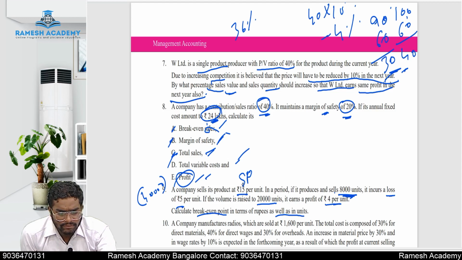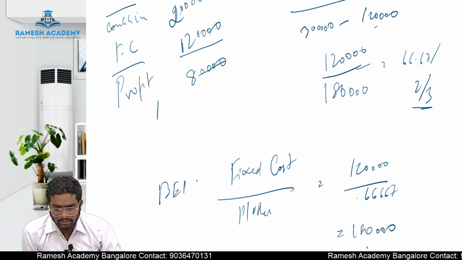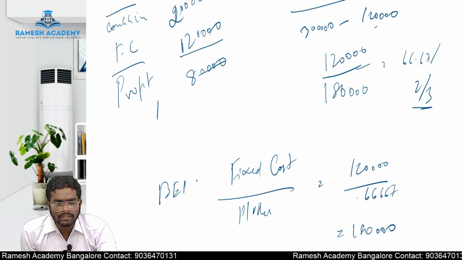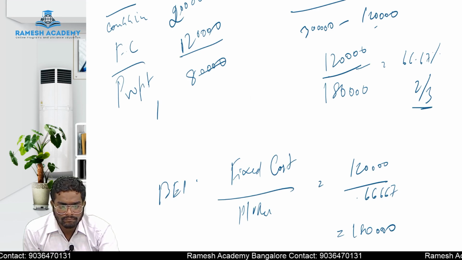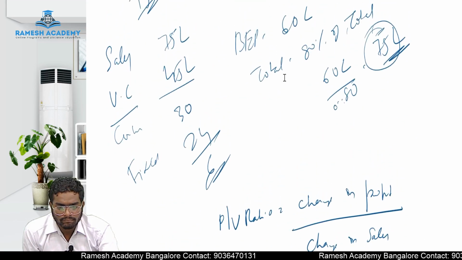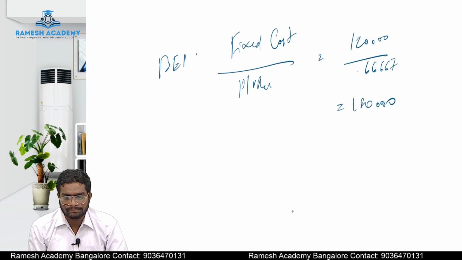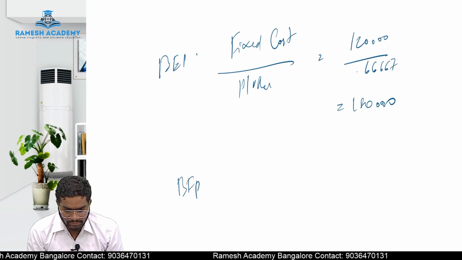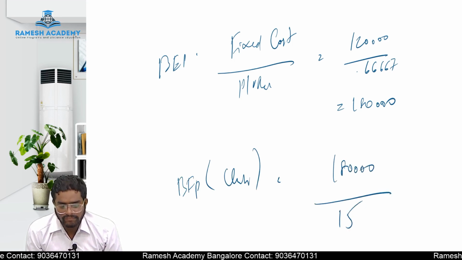Next we'll see whether we can calculate it for units. So I have 15 rupees into 2/3 is 10 rupees. If you want it per unit, I have to divide by contribution per unit. Okay, so BEP in units is nothing but BEP divided by selling price, 15.